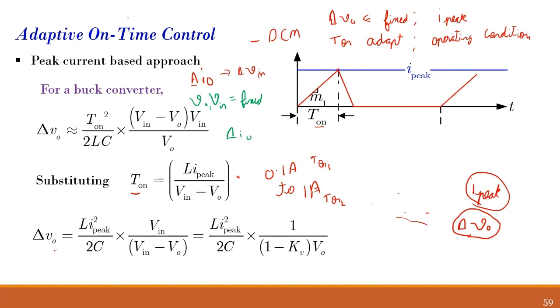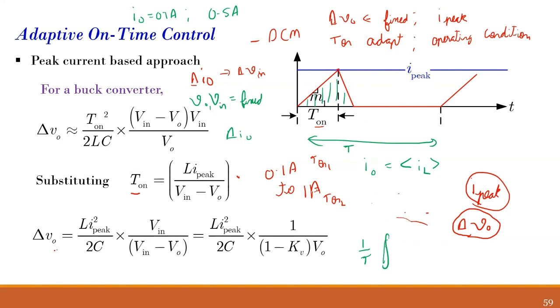If your load current was earlier 0.1 ampere, now it has become 0.5 ampere. What is your load current? Your load current for a buck converter is the average value of your inductor current. It will be 1 upon T, integration of this, so it will be the area under this curve.